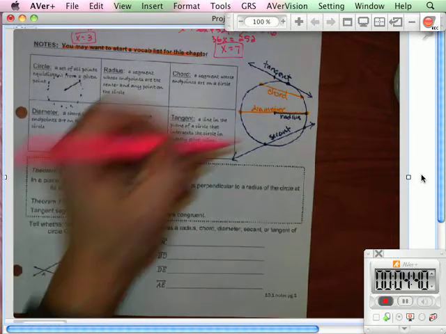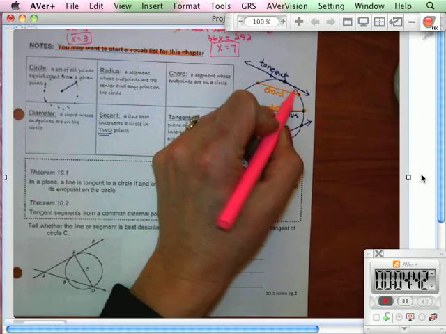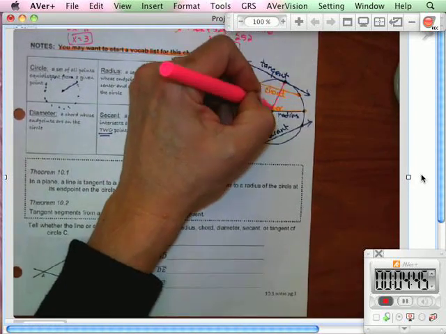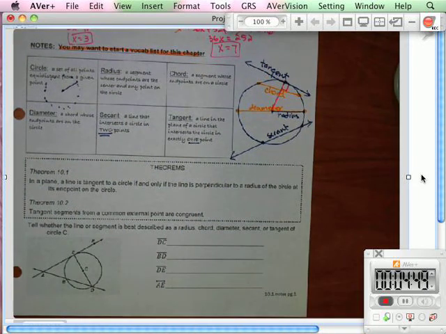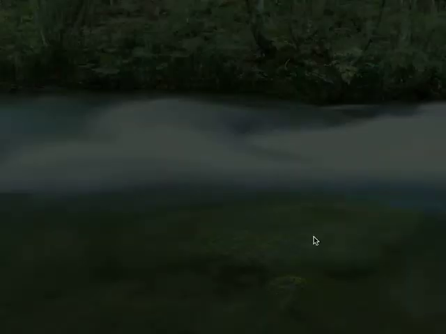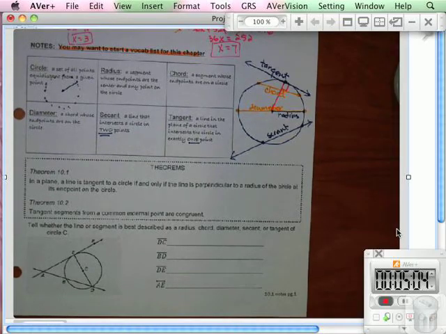It says right here, this line can only be considered tangent if it is perpendicular to the radius. Okay? So basically what that tells you is if they tell you this is a tangent line to this circle, you know that it forms a right angle to the radius. That's what that's saying.